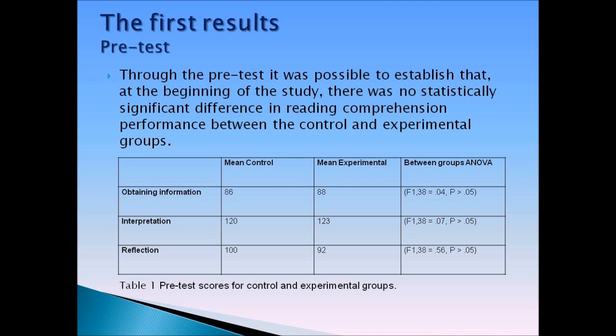Let's see this table. Obtaining information, the mean control got an 86 score, meanwhile the mean experimental got an 88. Interpretation: 120 for the mean control, 123 for the mean experimental. And reflection: 100 for the mean control and 92 for the mean experimental.